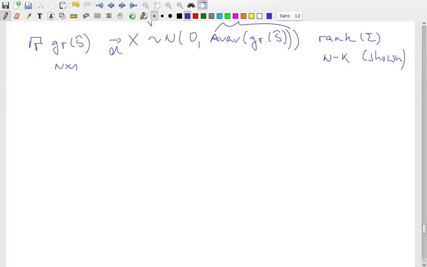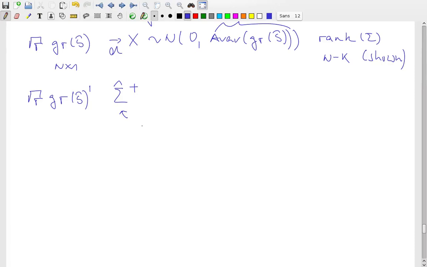Secondly, what we did is we used a quadratic form to construct our test statistic. This quadratic form looks like that. We take g_T of b hat, transpose it, take the pseudo inverse of an estimate of the asymptotic variance covariance matrix.